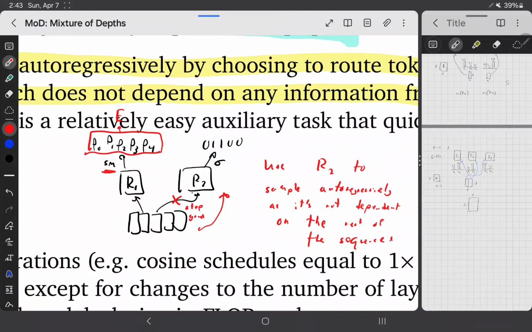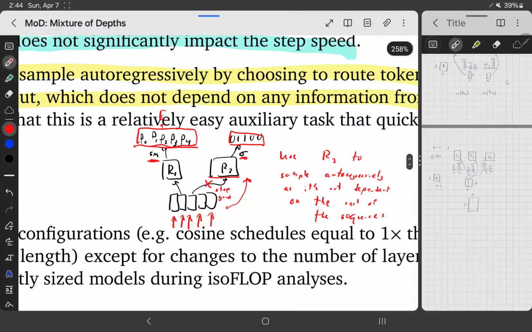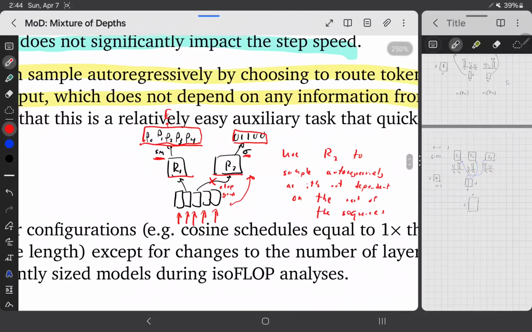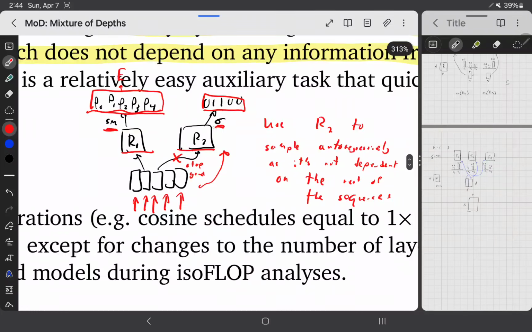So this is going to be not bidirectional, independent sigmoids for each token. And you basically train this to just mimic this over here. So yeah, that's it. This is the same thing as what I described before, just using a different set of weights as opposed to the same set of weights. And that allows you to sample autoregressively because the sigmoid is not bidirectional while the softmax is.